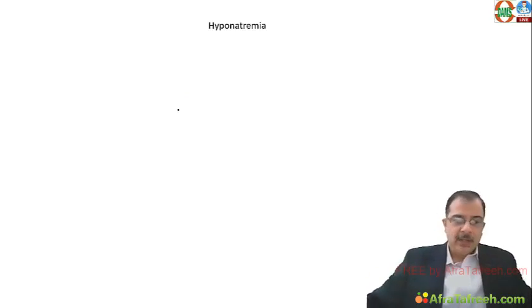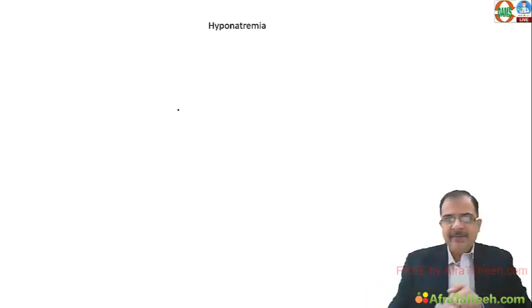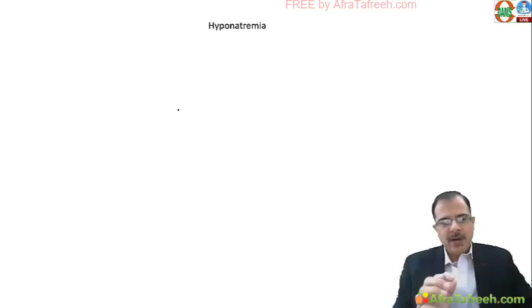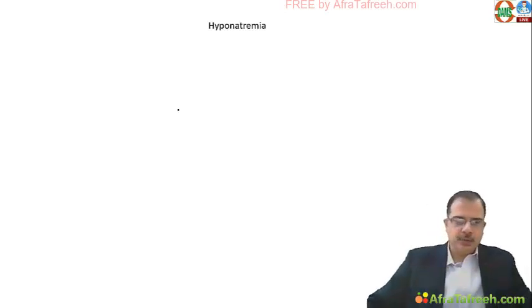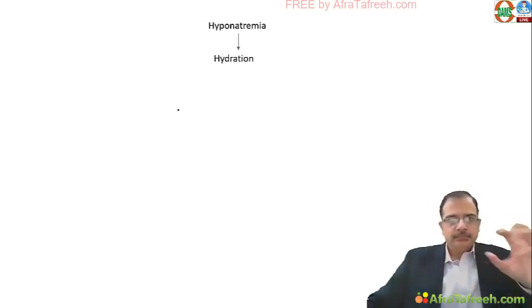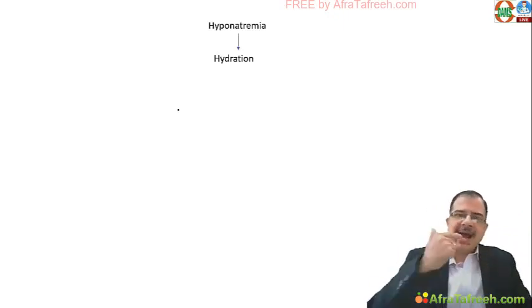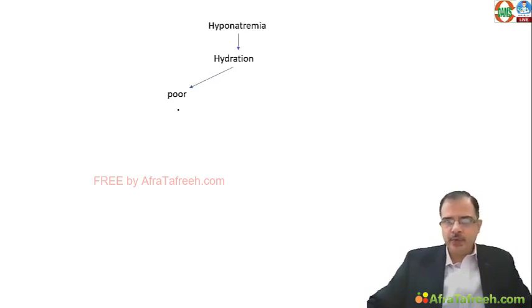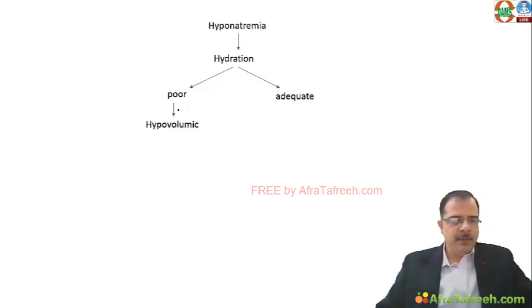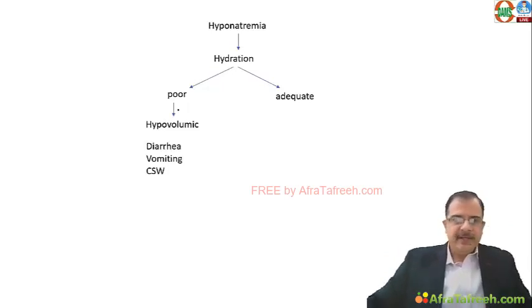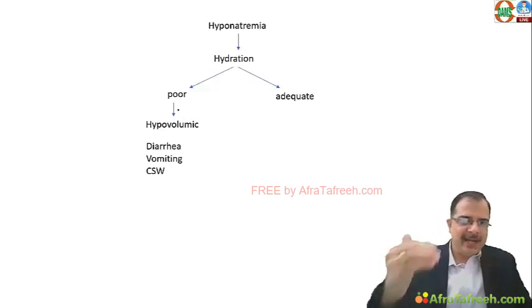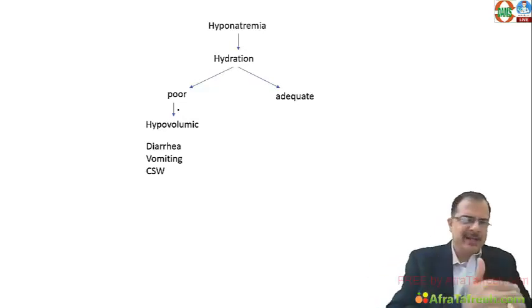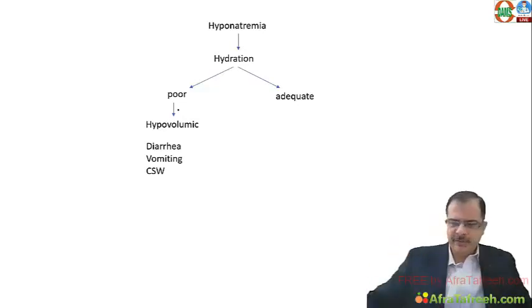Now, sodium imbalance is very, very important. They are now asking more questions on sodium imbalances. How to approach? Look for hydration, tongue and axilla. If hydration is poor, this is hypovolemic hyponatremia. Hypovolemia means diarrhea, vomiting, cerebral salt wasting.